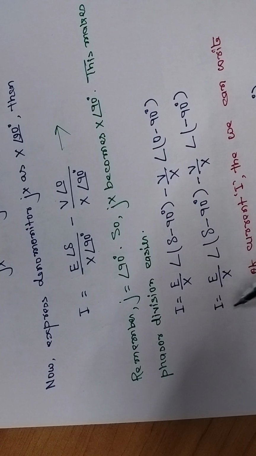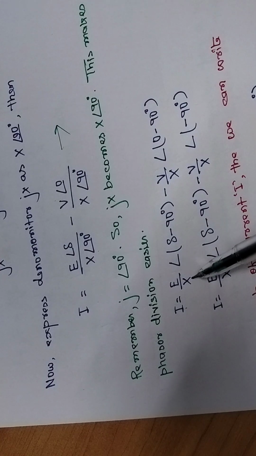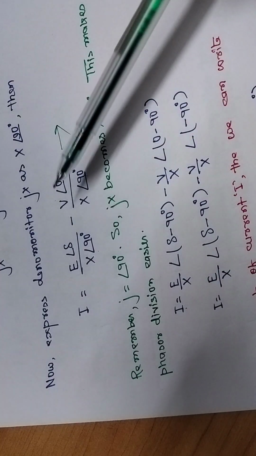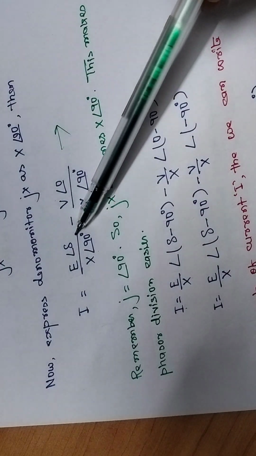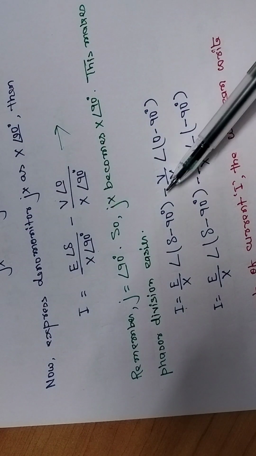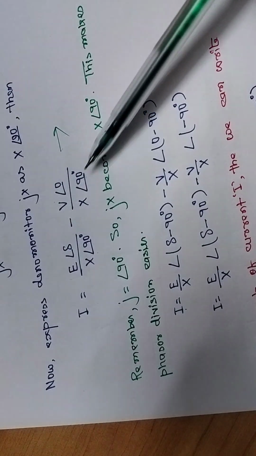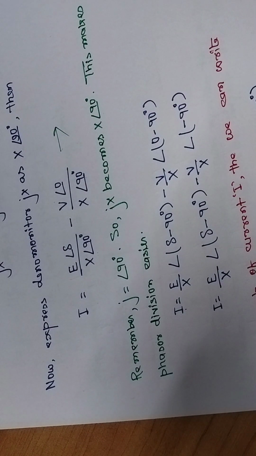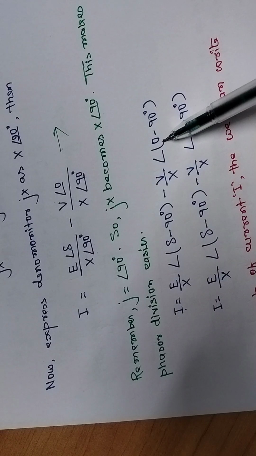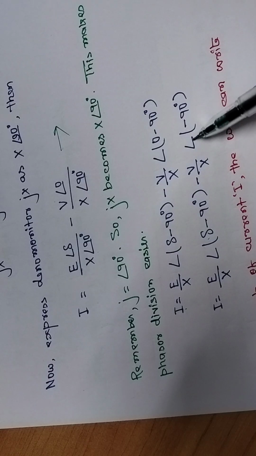After that, I equals E by X of angle delta minus 90 degrees, minus V by X of angle 0 minus 90 degrees. So the 0 we can remove, and directly we can write I equals E by X of angle delta minus 90, minus V by X at the angle of minus 90 degrees.